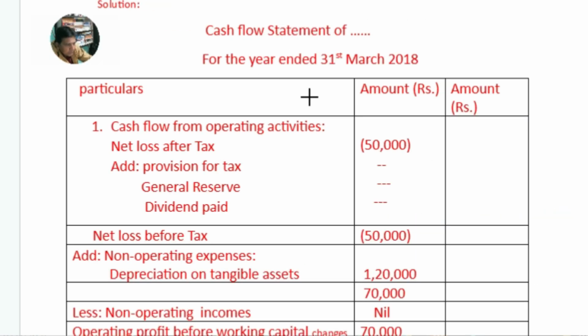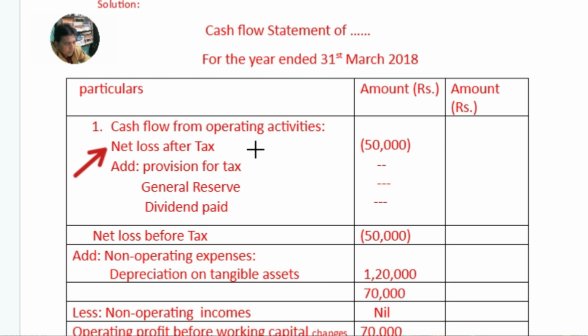Here is the solution. I told you already that the value of reserve and surplus has decreased in the current year 2018 compared to 2017. When the 2018 value is compared with the 2017 figures, it is found that the profit and loss account balance is decreased. When the balance is decreased, it represents loss, and here it is written net loss after tax.